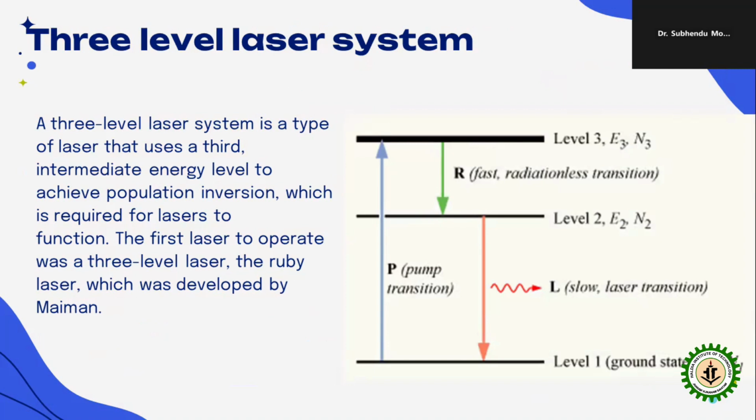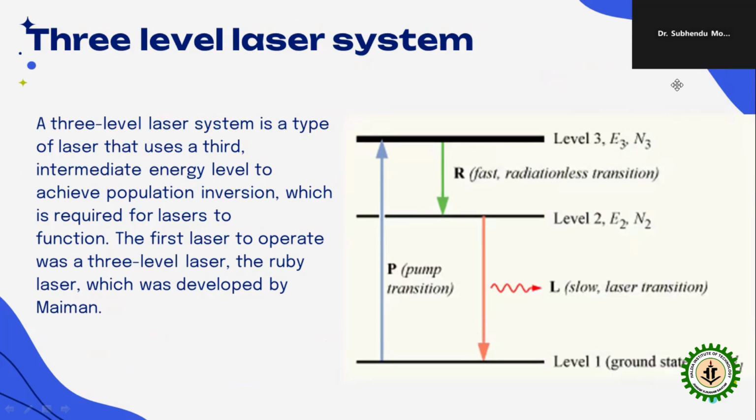Now, what are the various types of laser systems? We can have 3-level systems and 4-level systems. In a 3-level system, a third intermediate energy level is used to achieve population inversion, which is required for laser function.